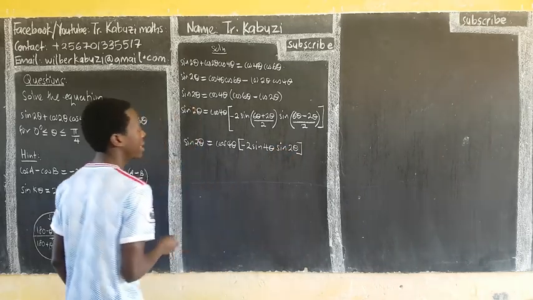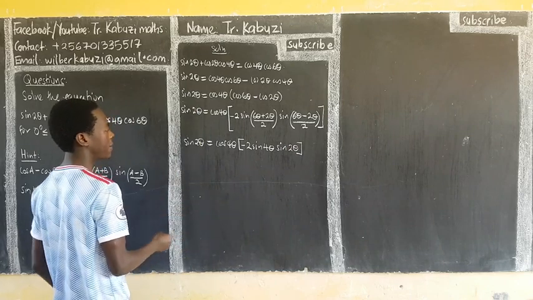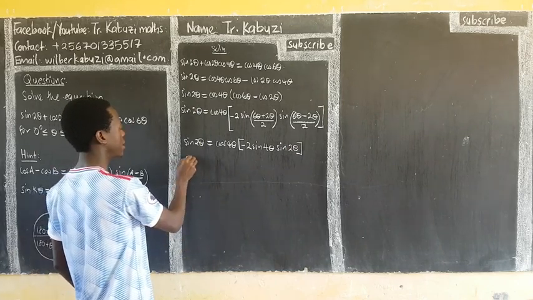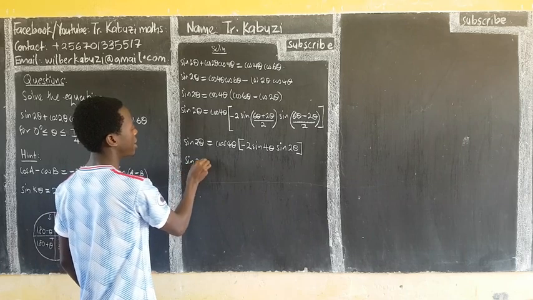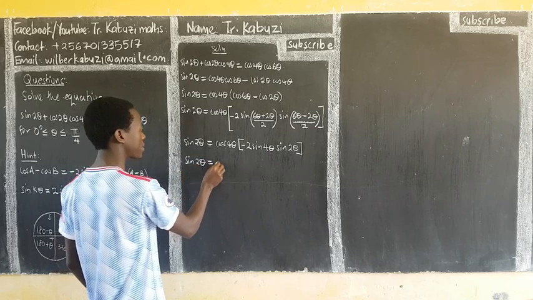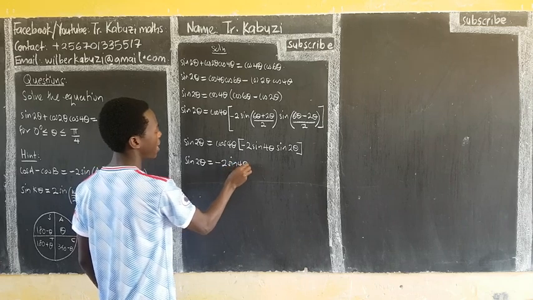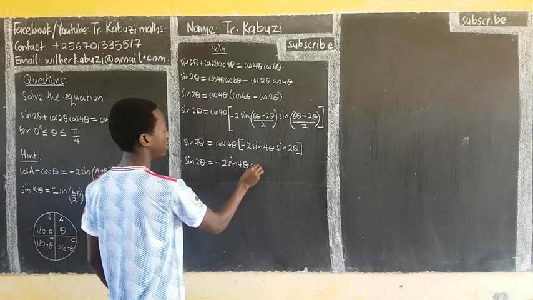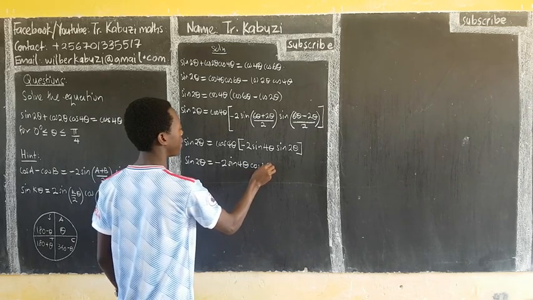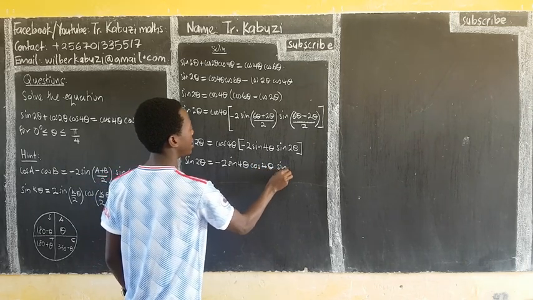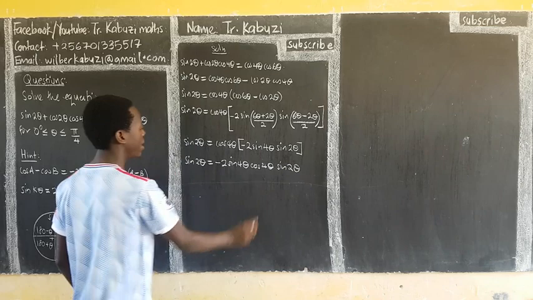Then if you open brackets, we shall have sine 2 theta equaling negative 2 sine 4 theta cos 4 theta sine 2 theta. Why am I bringing it close?